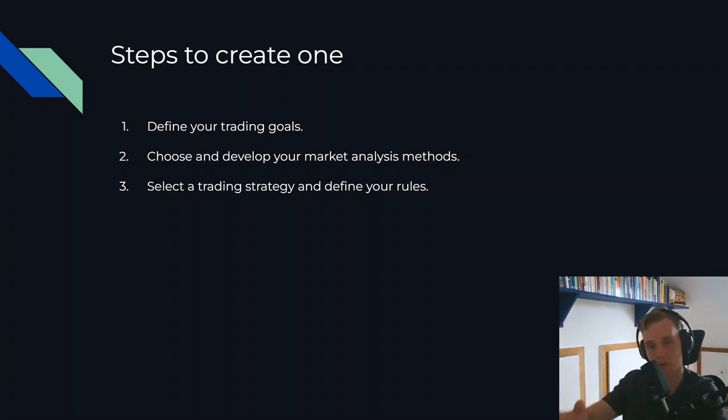Selecting a trading strategy and defining your rules. So taking those tools and techniques and the market analysis methods, how can you package those in a way that can be turned into a strategy, which is a sequential order of things that you need to see in the market that can then signal an entry for a setup that you know has been tested, that is profitable, that is consistent, and has scalability and longevity built into it?